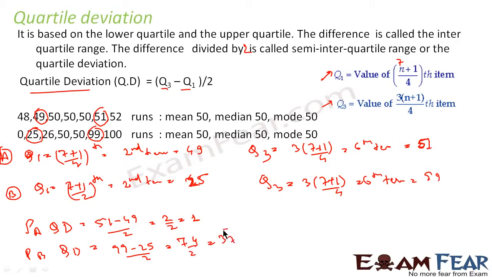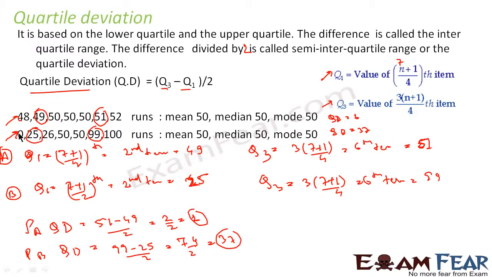So we can see that the values are different. Here we can say that QD is equal to 1, and here QD is equal to 37. So with this data also I can see that this is less dispersed and this is more dispersed. That means the first player is more consistent, and player B is not consistent.